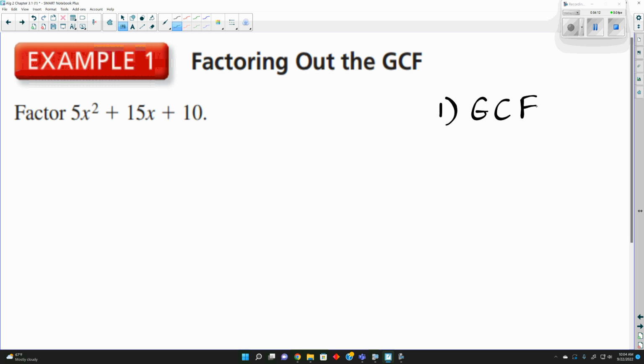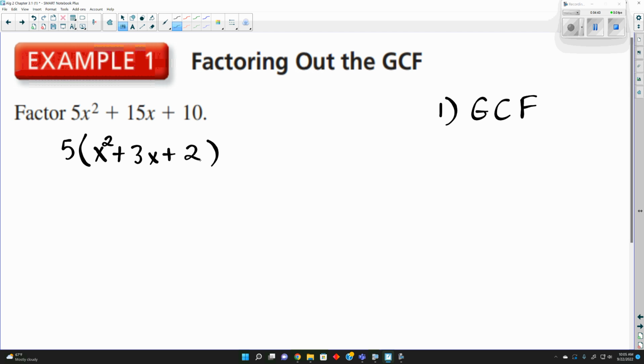Whenever we factor out a greatest common factor, it's got to go into all three. So really what we're doing is dividing each term by that number. So 5x squared divided by 5 is just x squared, plus 15x divided by 5 is 3x, and we still have the x, plus 2, because 10 divided by 5 is 2.